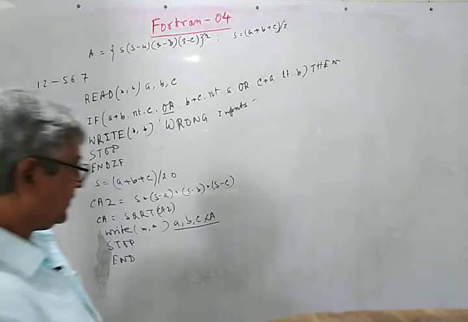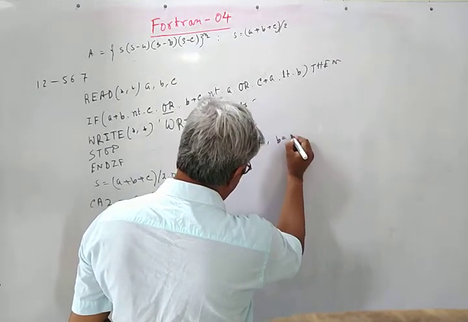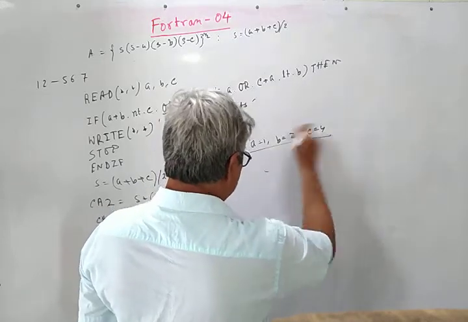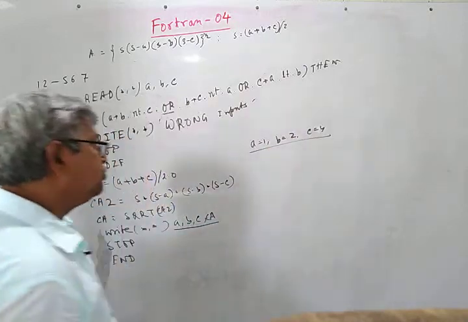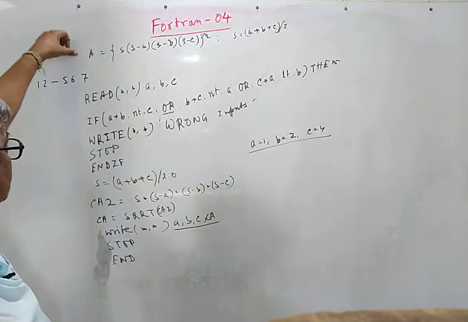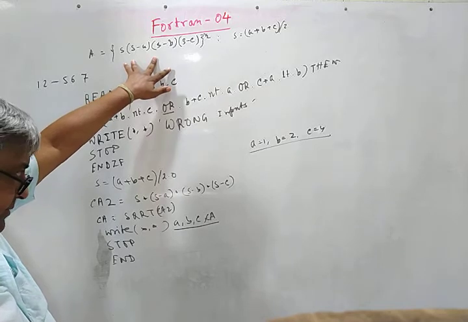Say if we are supplied with A is equal to 1, B is equal to 2 and C is equal to 4, these three sides do not form a triangle. So if we go to calculation of area using this formula, the quantity within the square root will be negative.